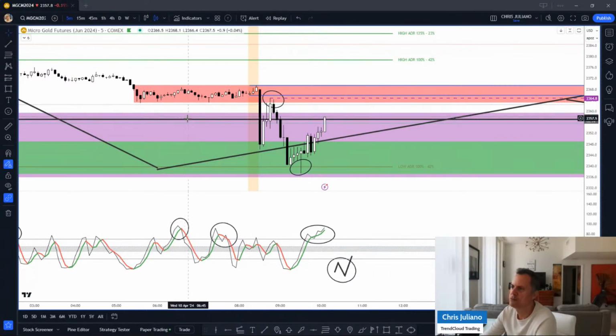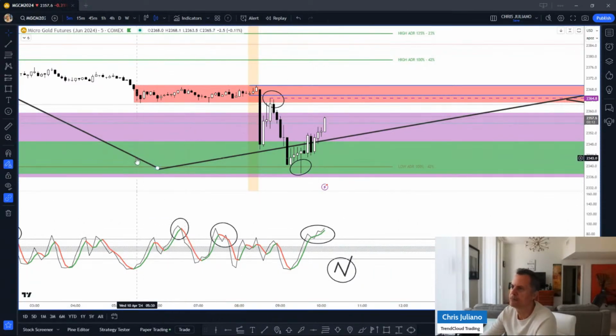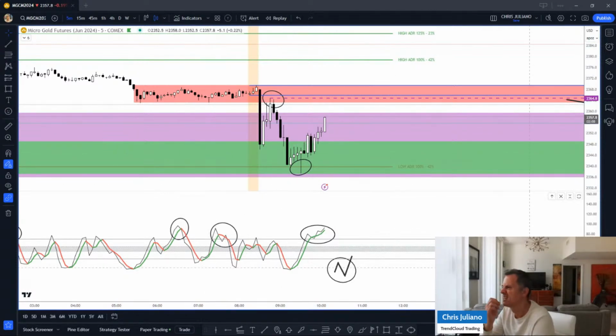Let's get rid of some lines here. All right. And we will see what this does. Does it break through the demand, the supply zone?